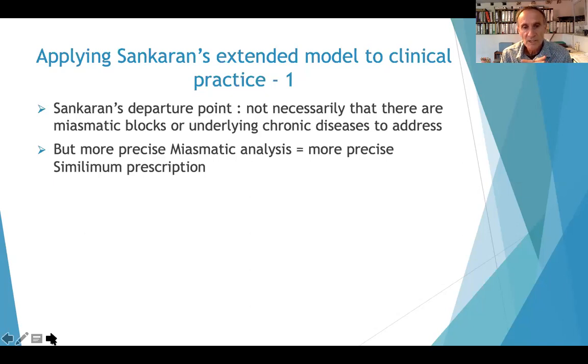With precise miasmatic analysis, one might need fewer remedies to achieve a cure, as it is described, that rapid, permanent, gentle cure.